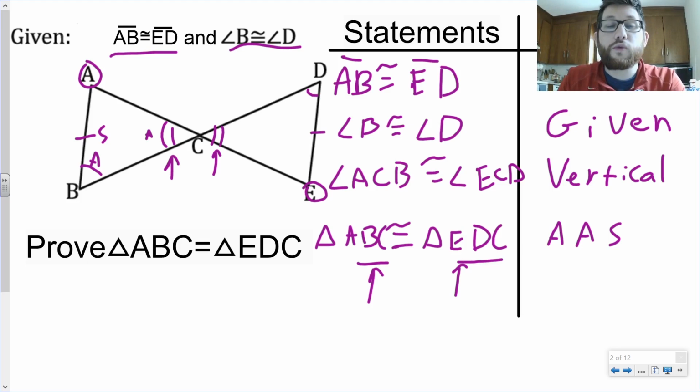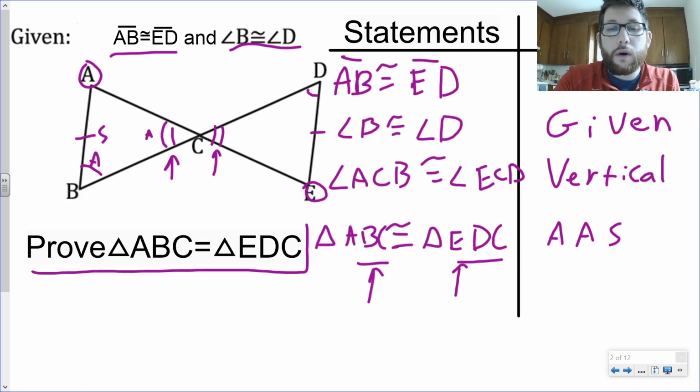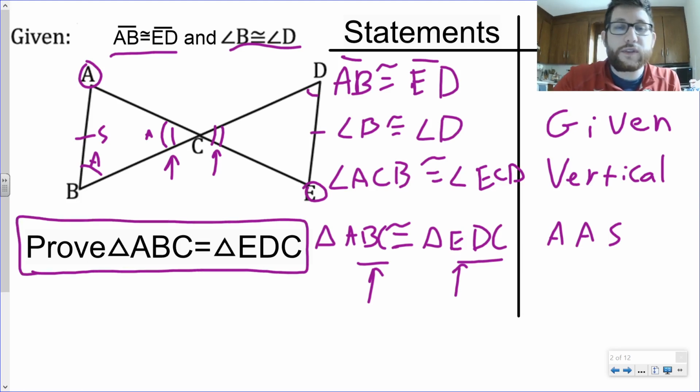The second thing: when we're doing congruent triangle proofs, until you hear otherwise from me, we will always end with a congruent triangle. Every proof always ends with whatever the proof statement is. When you've proved the thing you've been asked to prove, then you're done. So this proof statement always goes in the last statement slot, and your reasons for now are always going to be some sort of SSS, HL, something like that.